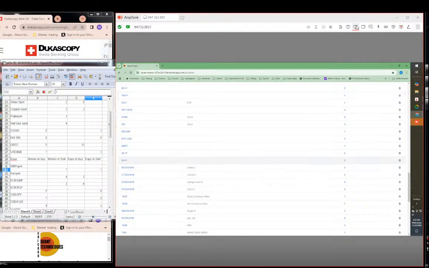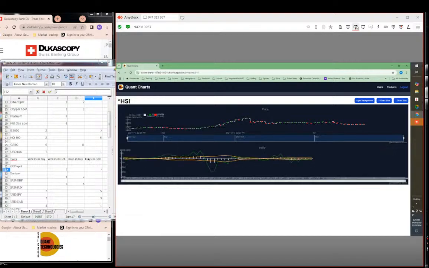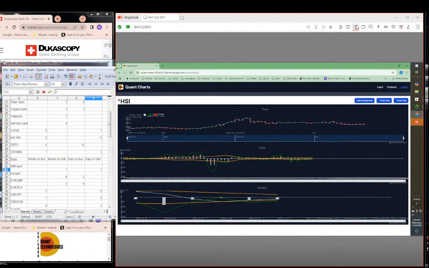Let's see, Hong Kong, right there. See, I've got to put their names in like that. That makes it easier. And you see, same thing here. Hong Kong's been doing the same thing as Taiwan and Kospi and so forth. Been in a weekly sell for a while. When it goes into a buy here, you're just not short, but you can be short there and make a little money.